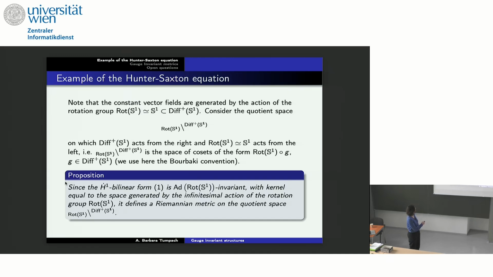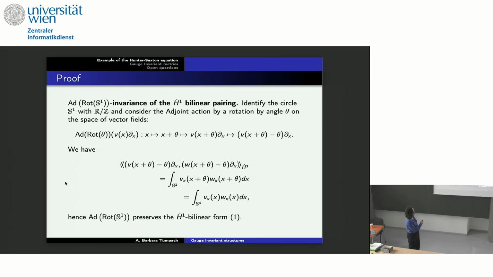And you can see this, I suppose. So first of all, how can we see that this pairing is invariant by the adjoint action of the small group, of the group of rotation? Well, as I said, in this case, we identify the circle with R mod Z. And what is the adjoint action?